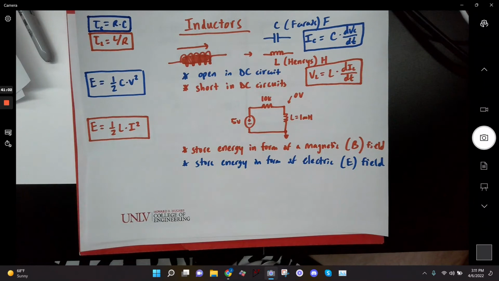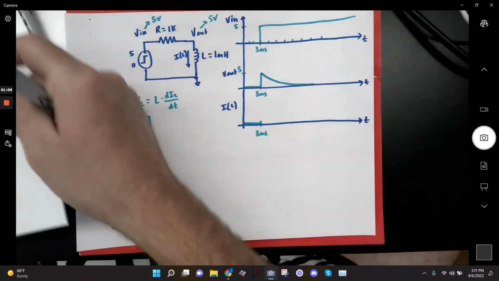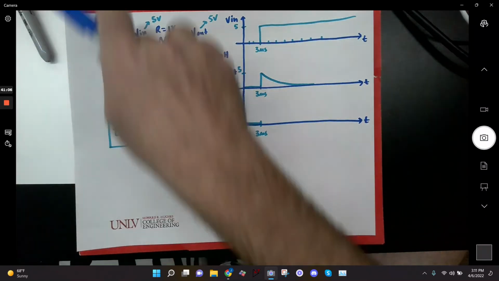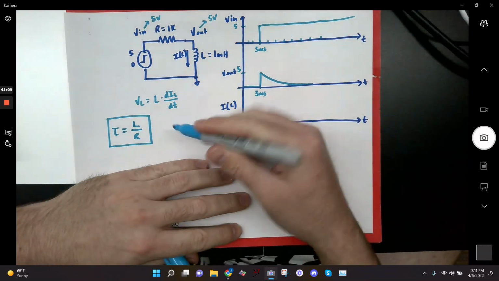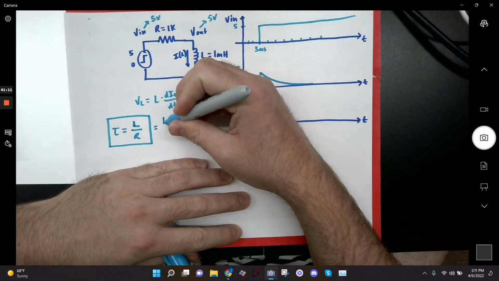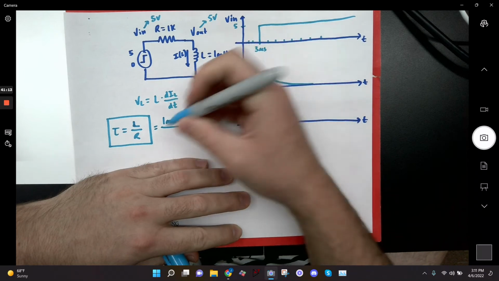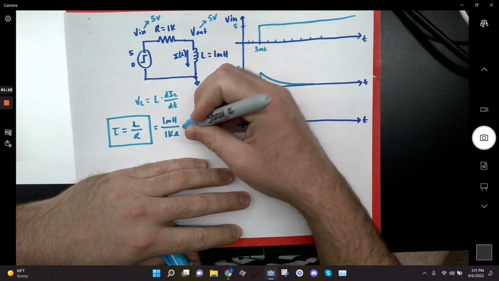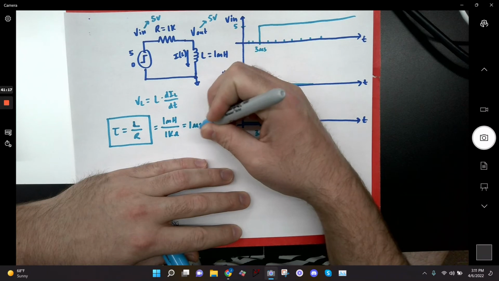Okay, so let's go back to where I was. If my tau is L over R, that means it's 1 milli over 1K, which basically gives me 1 microsecond.